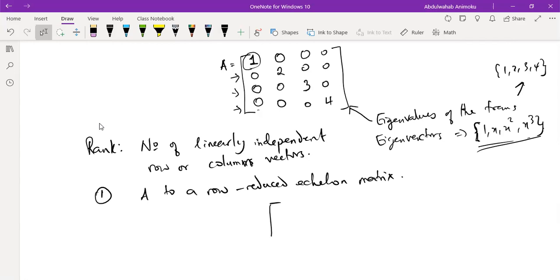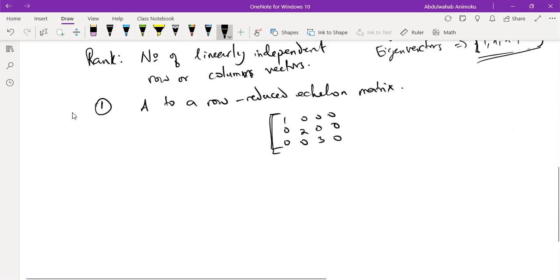So basically, if I want to reduce this even further, if I look at each row, we must have 1 starting each row.